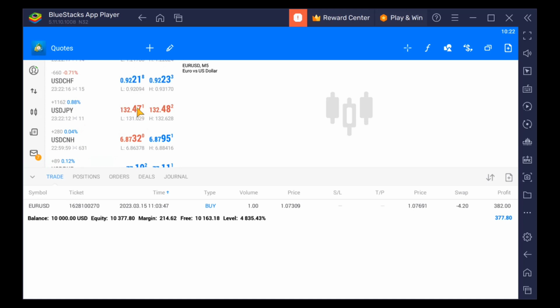When it reduces from 7 to 6, it has reduced by 1 pip. The price just changed by 1 pip. So that's what a pip is. It's just the lowest movement the price can make, and that's where you quantify the loss or profit you make on each trade.